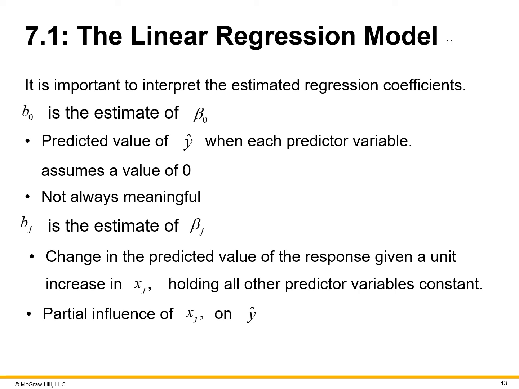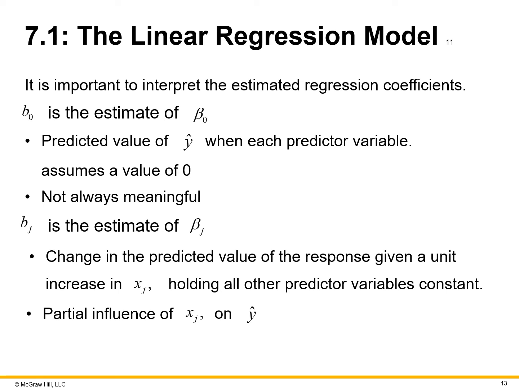It is important to interpret the estimated regression coefficients. Coefficients are an ability to find the predictive value in the overall predictive variable. The predictive value of y, when each predictive variable assumes a value of 0, is not always meaningful. You must have an ability to identify when you have a correlation or not.